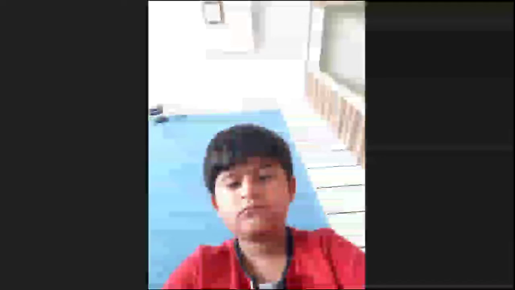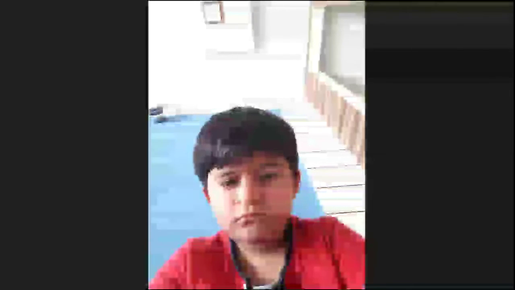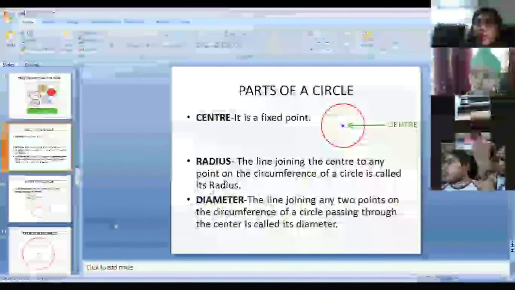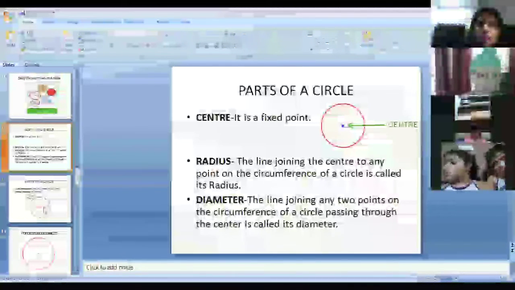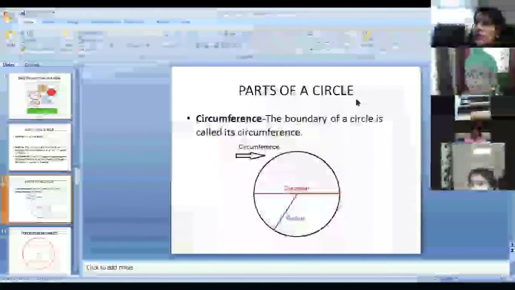Circumference is the boundary of the given circle. Okay, children? So center, radius, diameter, and circumference. These are the parts of a circle.